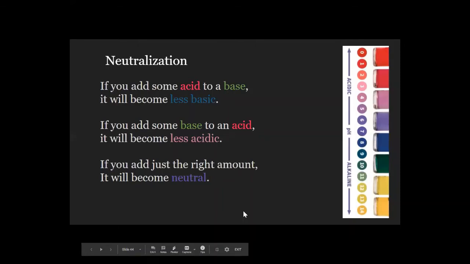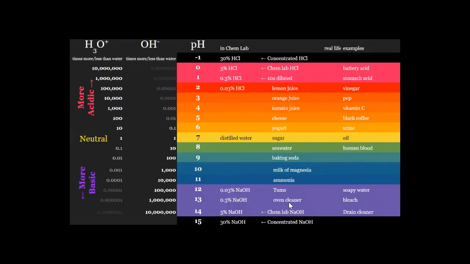So in summary, if you add some acid to a base, it becomes less basic. If you add base to an acid, it becomes less acidic. See if that makes sense on the pH chart to you. And if you add just the right amount, it will become neutral. And that is neutralization.